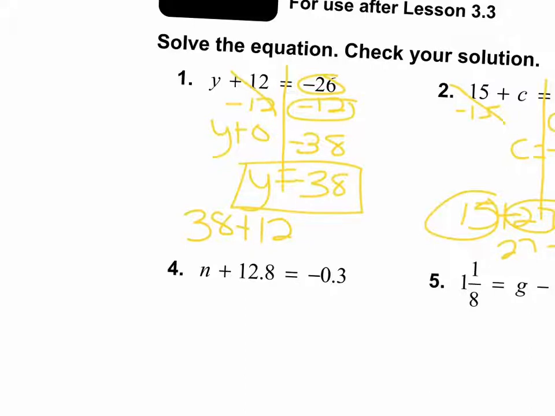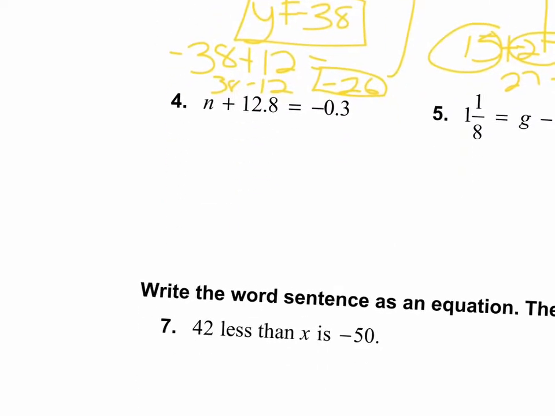We've got to keep that negative. So negative 38 plus 12. Opposite signs, we subtract 38 minus 12, which gives you 26. And 38 is bigger, so we keep that negative, which is what we were to get originally. So make sure you check your answers. You have a check answer button. On a test or quiz, go ahead and check your answer. I want to see all of this work written out.